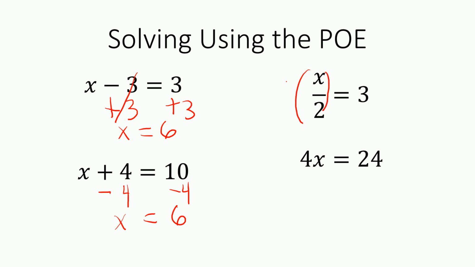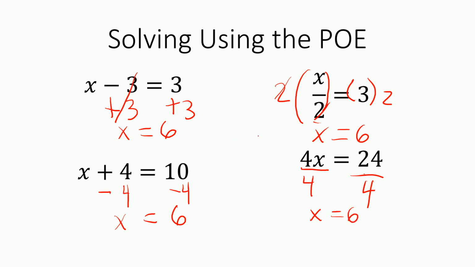When I have division, I multiply by that value to get rid of the division, and x is 6. And then when it's multiplication, the opposite is division. So we divide both sides by 4. x equals 6 again. So we just use the appropriate property of equality to solve these one-step equations.